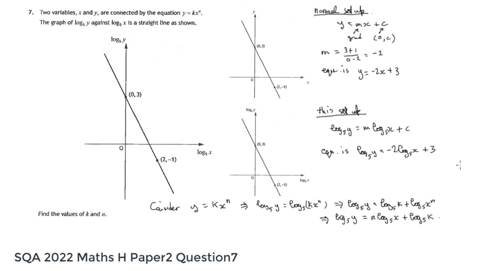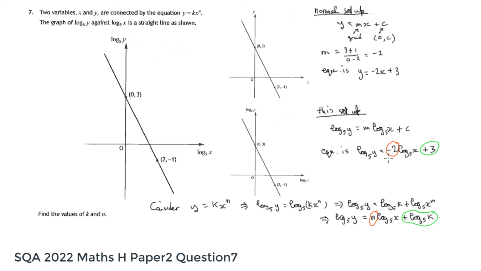So get the coloured pencils out, we'll look at these two and compare them. You'll notice that there's -2 as the coefficient of log to the base 5 of x. The coefficient of log to the base 5 of x down here is n. And up here the constant at the end is +3. The constant here is log to the base 5 of k.